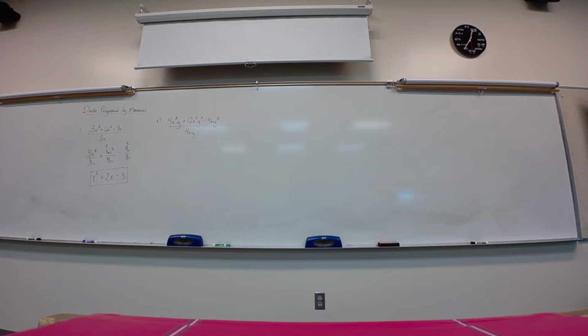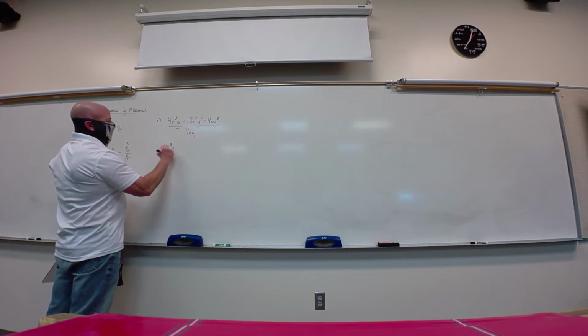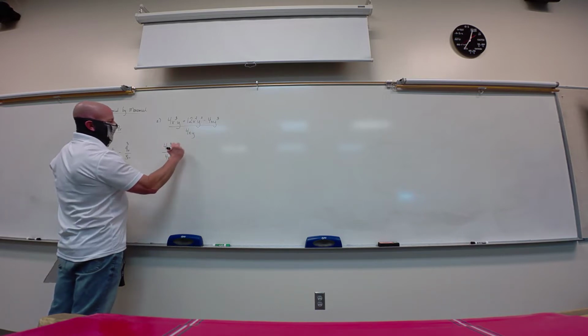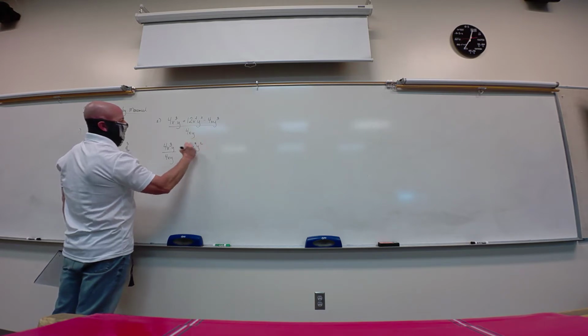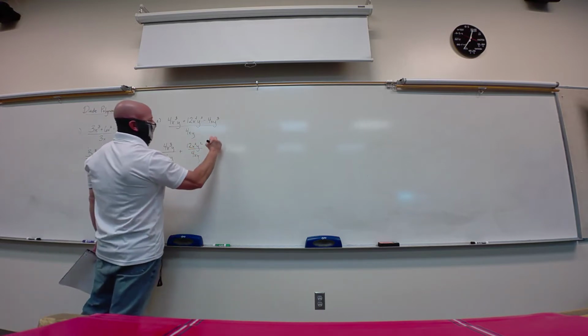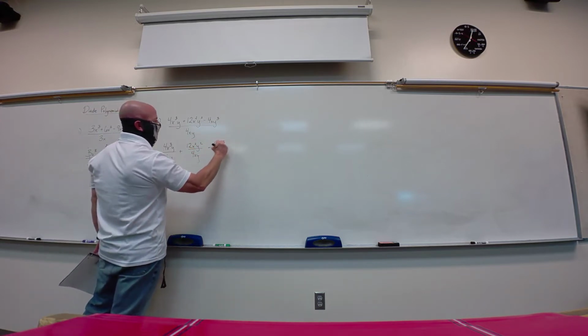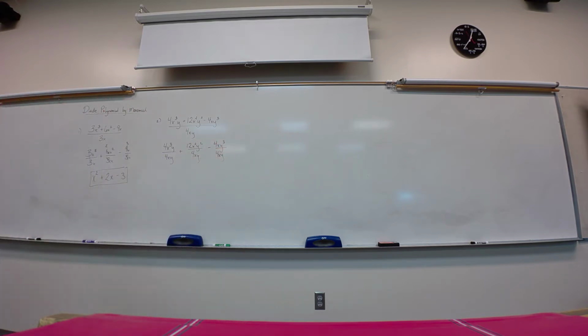You get that extra letter thrown in there. So 4x cubed y over 4xy, I'm just going to write it separate. 12x squared y squared over 4xy. Like that.